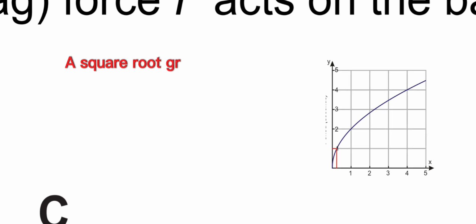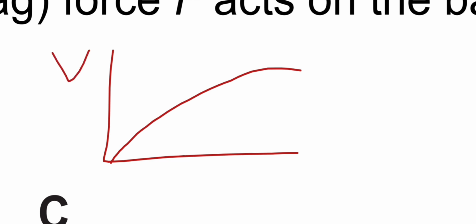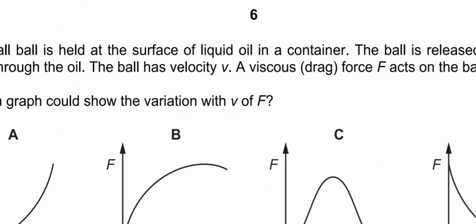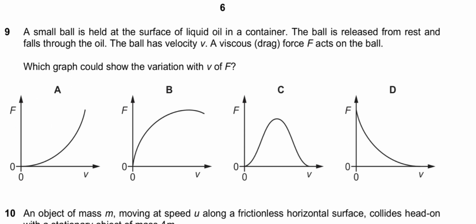So it then has to be something like this. Okay, if it was v against f, because we know that this graph is the graph for the square root relationship, right? If it's a squared relationship, generally becomes that graph. So our answer is A. Okay, our answer becomes A.